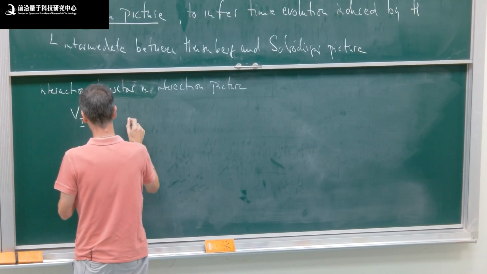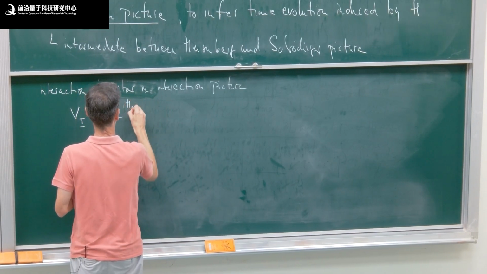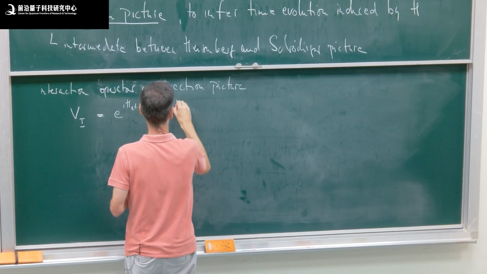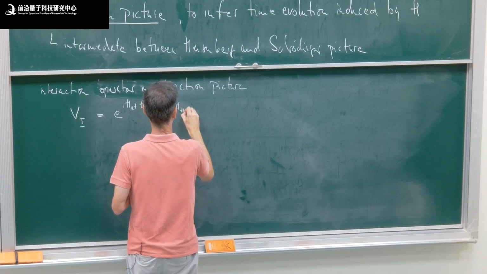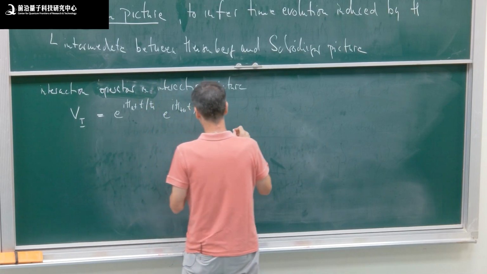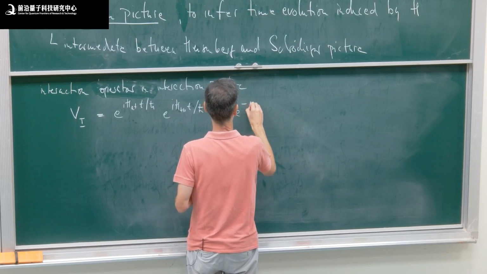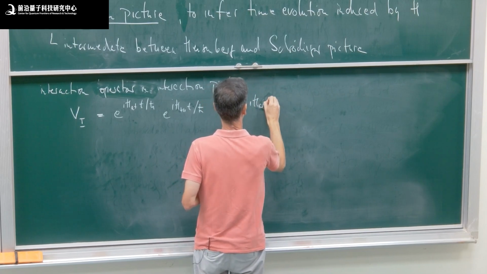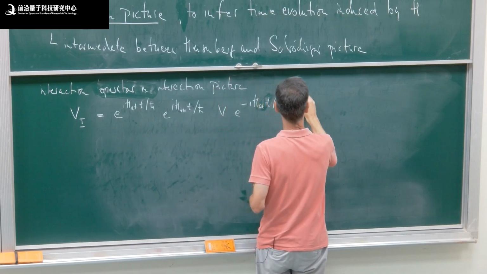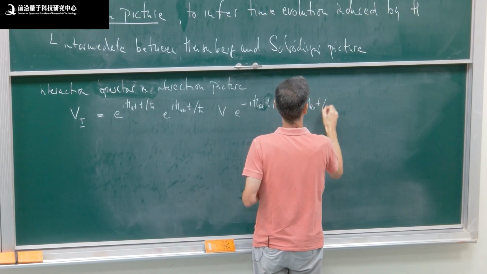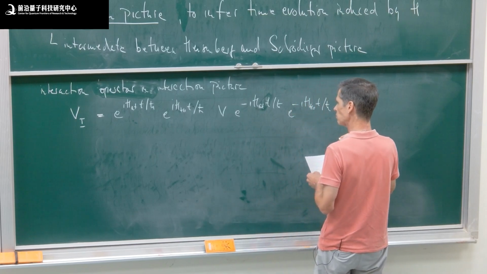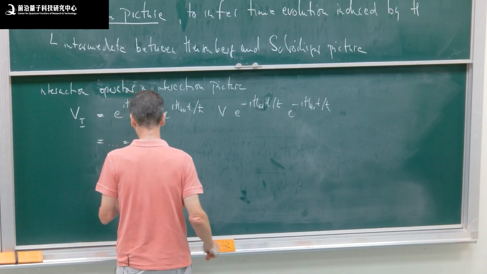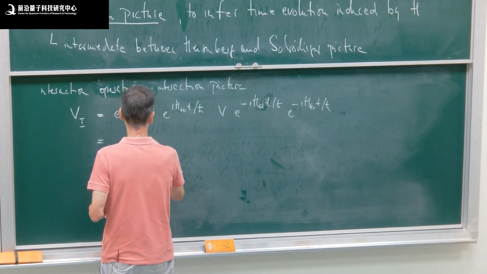So you start with e to the i H_atom t over ħ, e to the i H_harmonic oscillator t over ħ, times V, times e to the minus i H_atom t over ħ, e to the minus i H_harmonic oscillator t over ħ. And this then, after some calculation, gives you ħg.